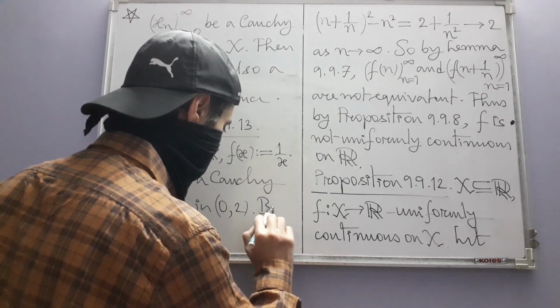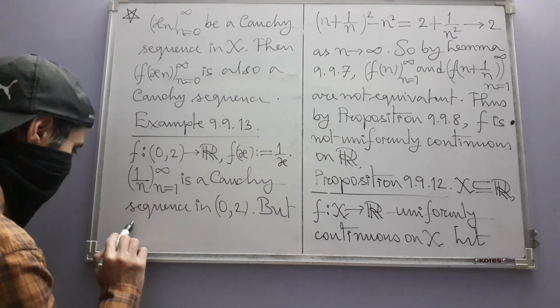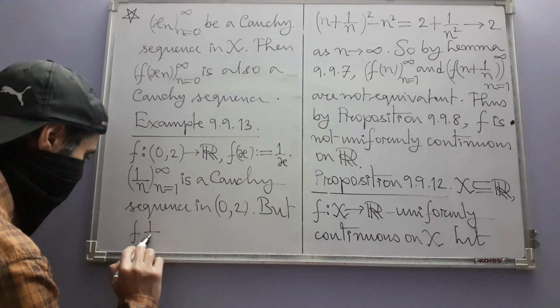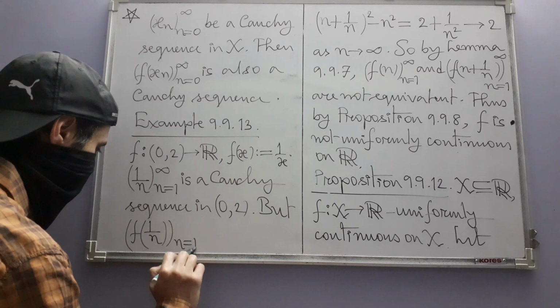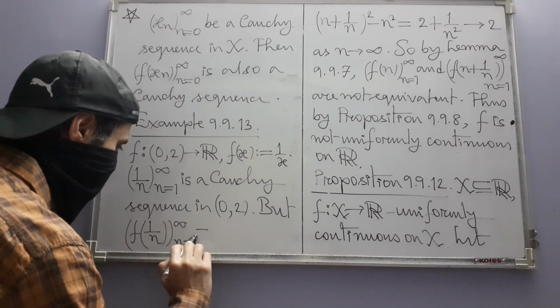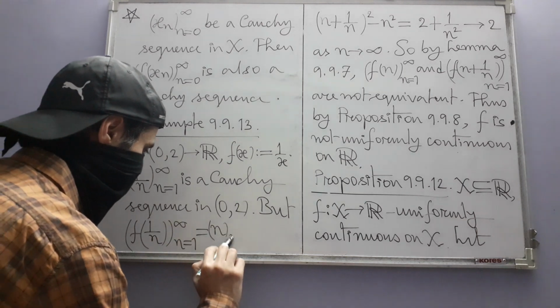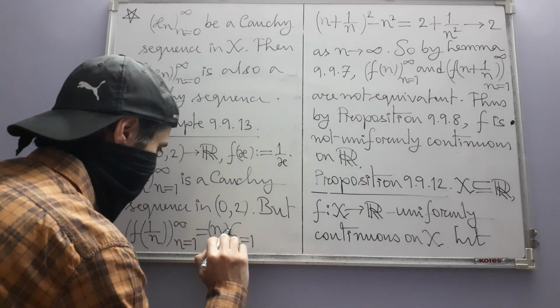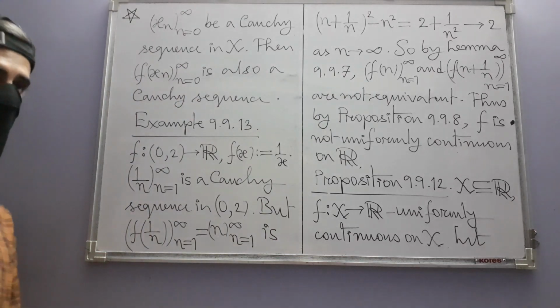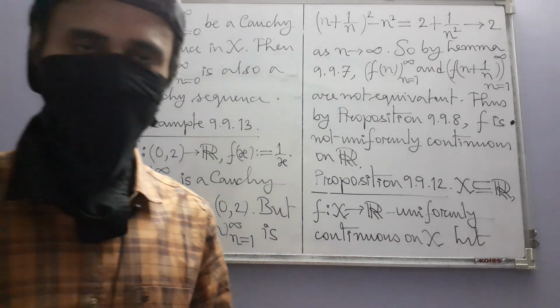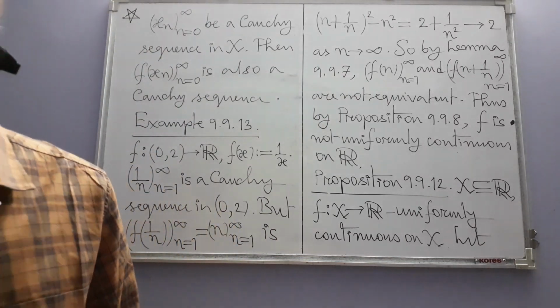But what about f of 1 over n? This is nothing but the sequence of positive integers, and this is not a Cauchy sequence. The author does ask us why.